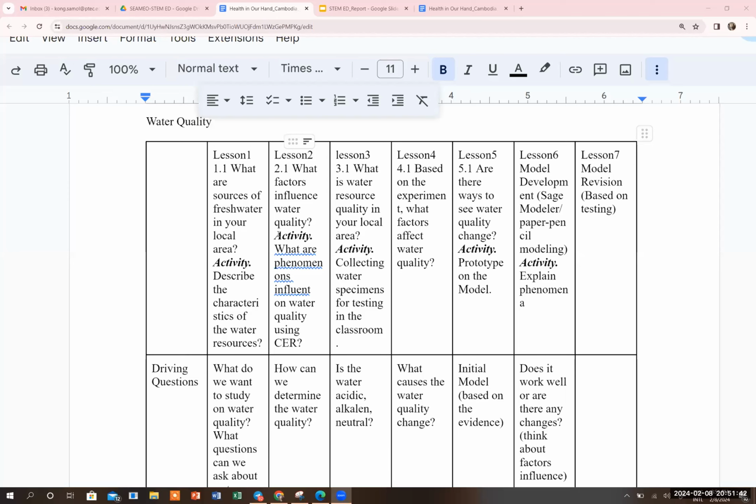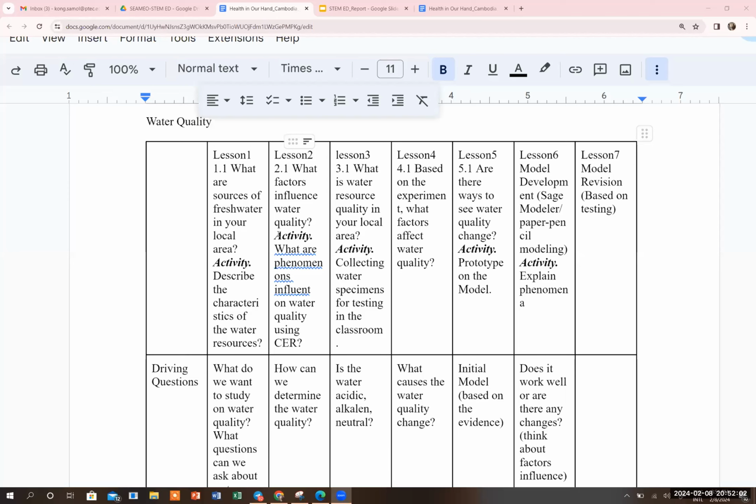But on the other hand, in our textbook, we don't really cover the challenges of water and water quality, as well as water management, in the lower secondary schools.